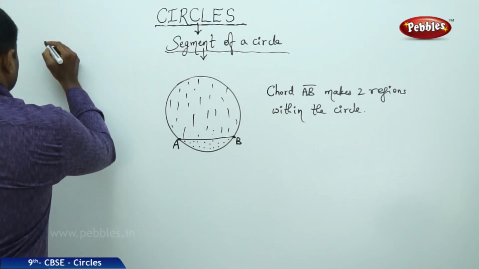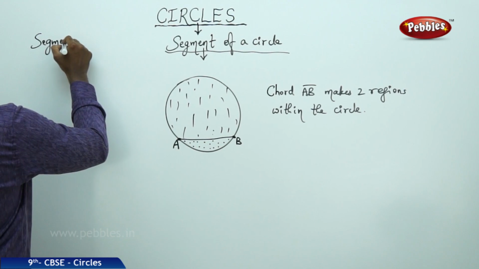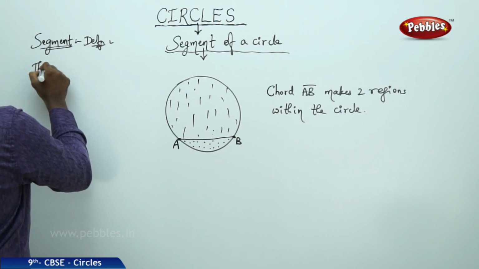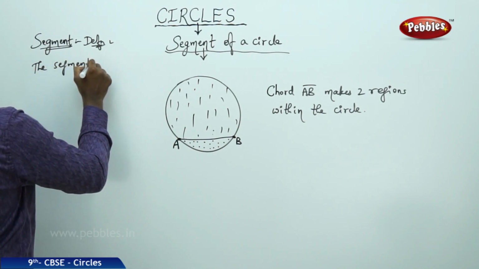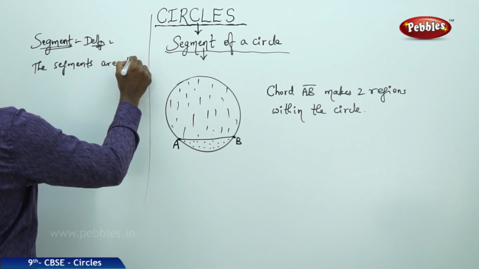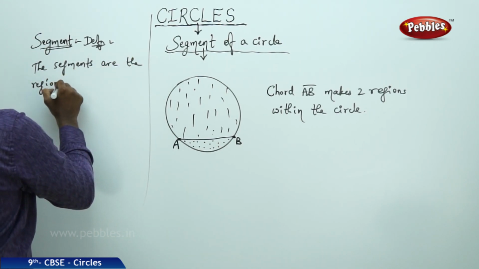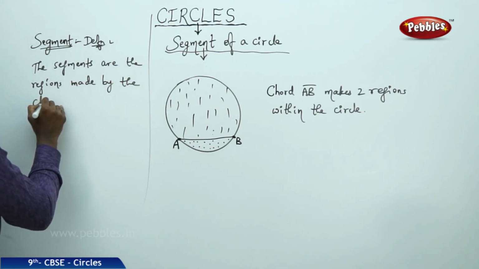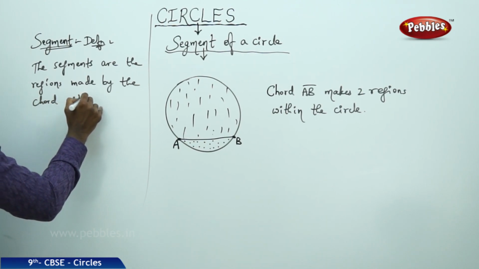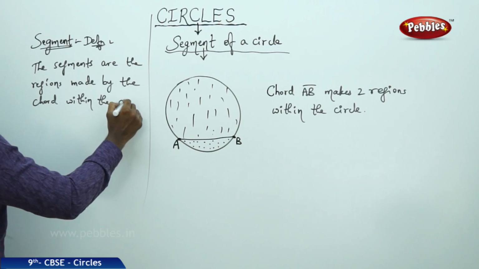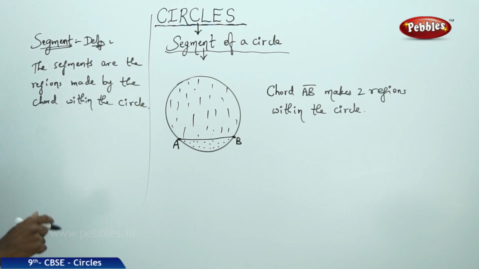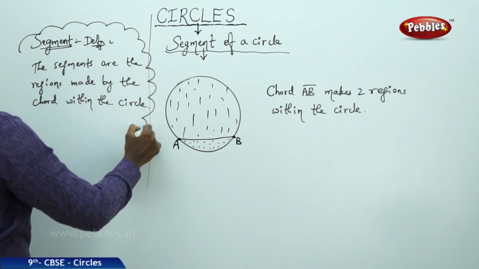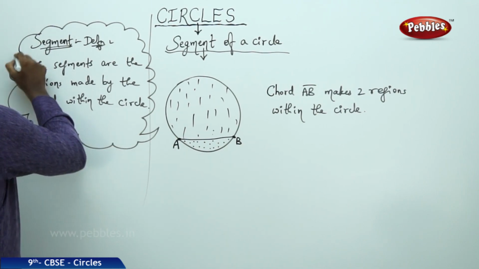So now we define segments to be the regions made by the chord within the circle.